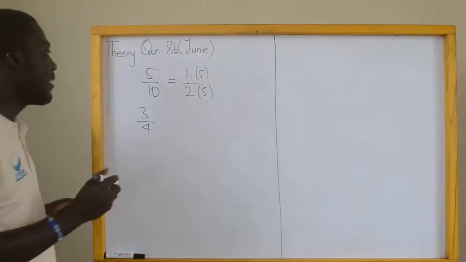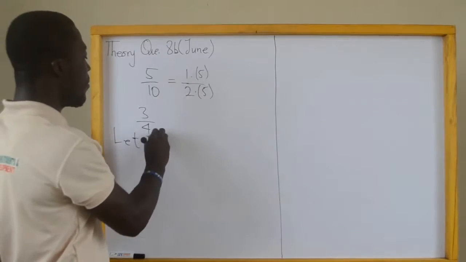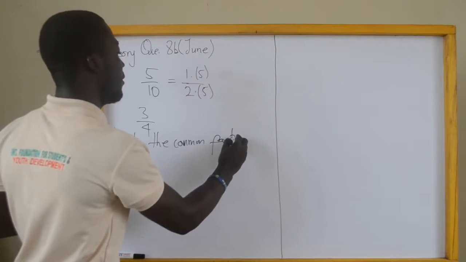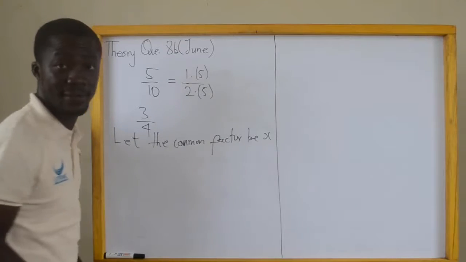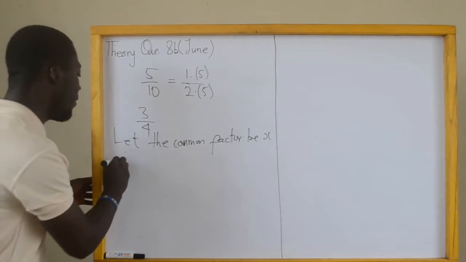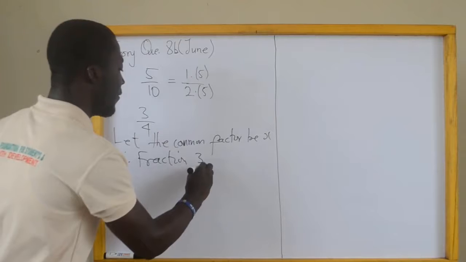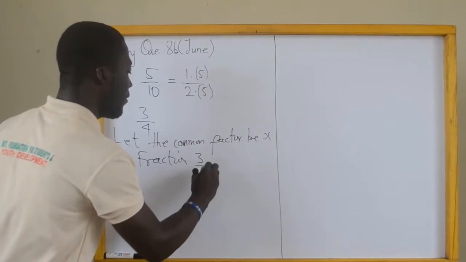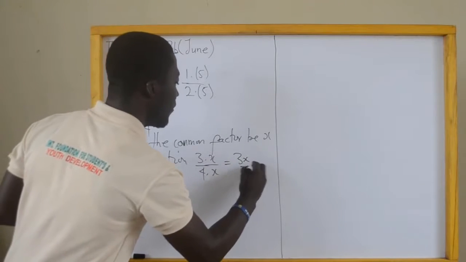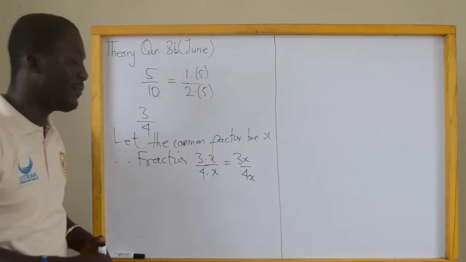So let the common factor be x. Therefore our fraction will be 3 over 4 times x, which is 3x over 4x. Now this is the representation of our fraction.